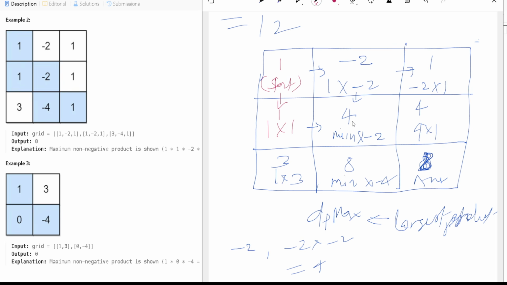So this is 2 into minus 4, which will give you the answer 8. Then we'll come to this place, then it will come to this, and the final answer is this. Like that you have to go, correct? If you write the path, what will the path be? Let me clean first.